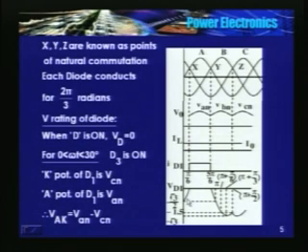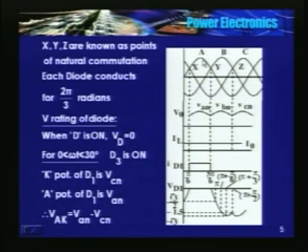So how does the waveform look like? At point X minus, C was conducting. The diode which is connected to phase C, that is D3, is conducting. So voltage across diode D1 is VAN minus VCN.